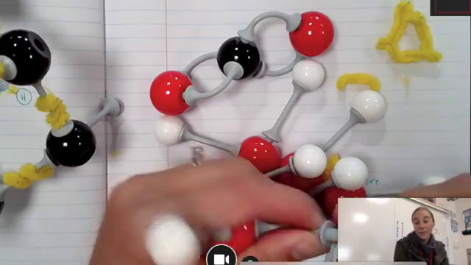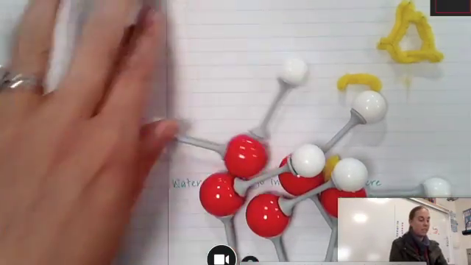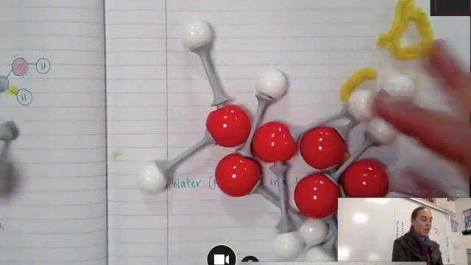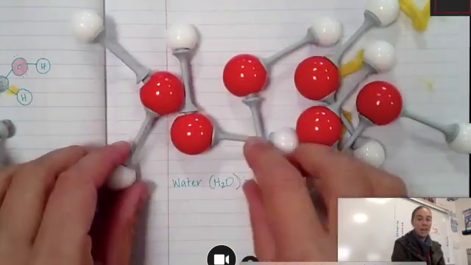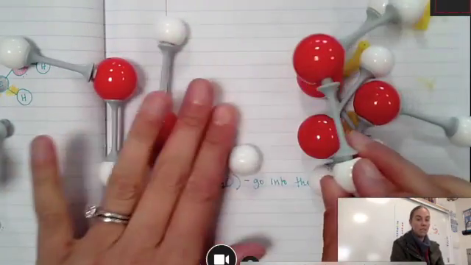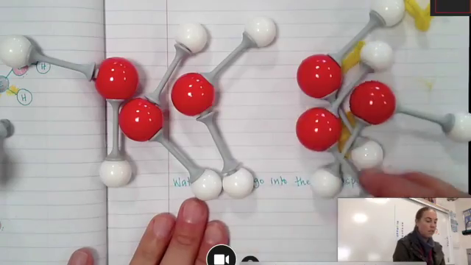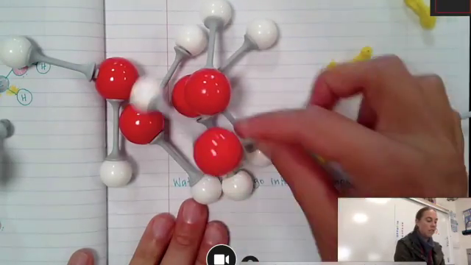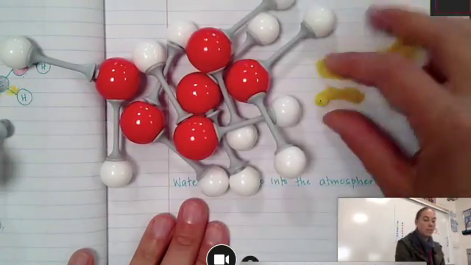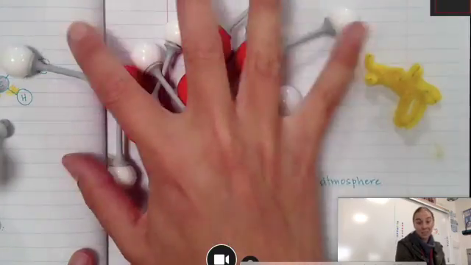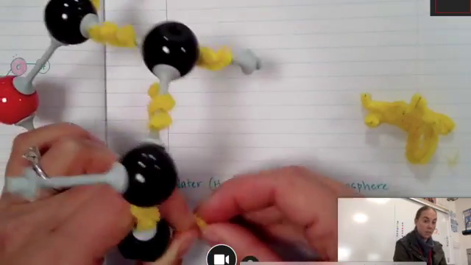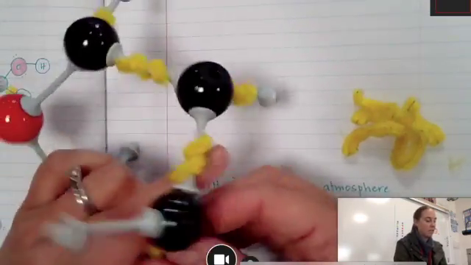So using up all of the hydrogens in order to make water, I now have 6 water molecules, and I'm going to set those off to the side. Let's see how many carbon dioxide molecules we're able to make with the rest of this.